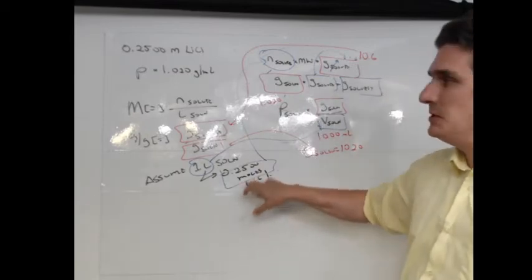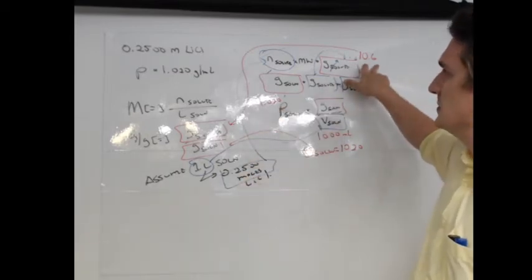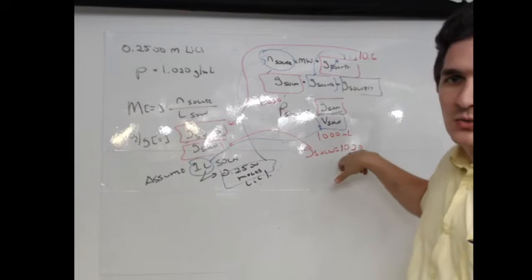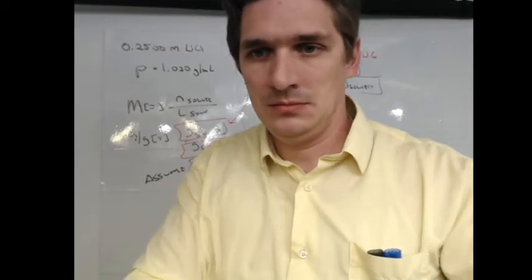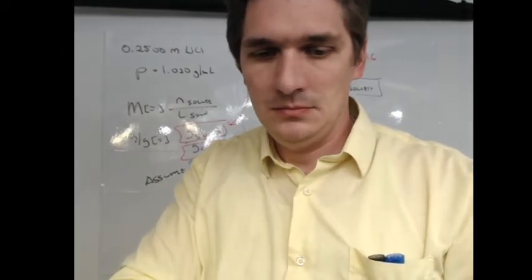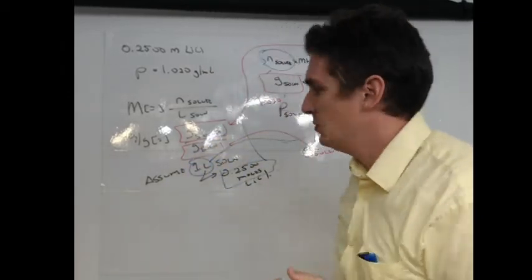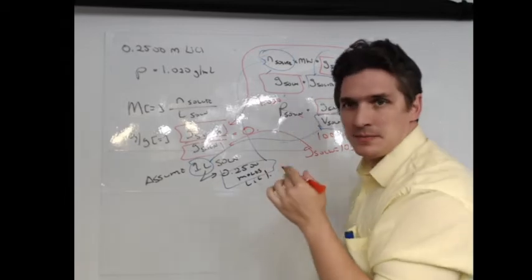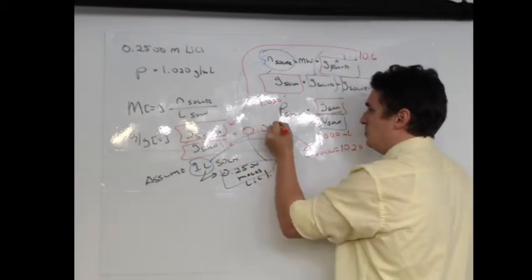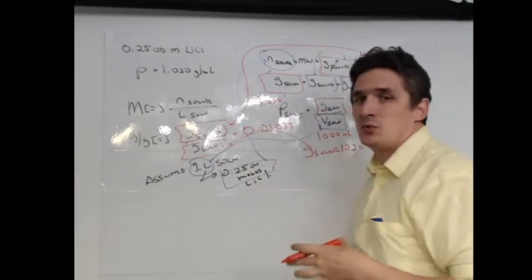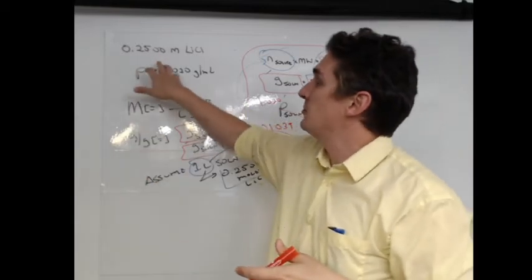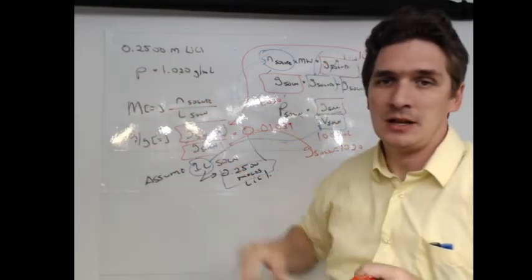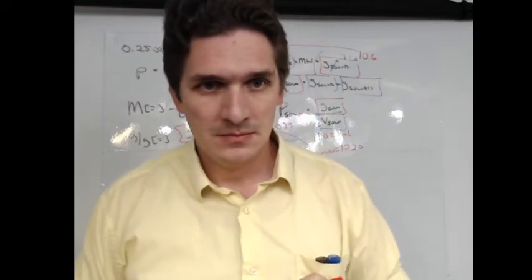Based on this assumption, I would have 10.6 grams of solute and 1,020 grams of solution. When you work that out, your weight fraction here is 0.01039. You're going to want to carry it to 4 significant figures because each of these had 4 sig figs in them.